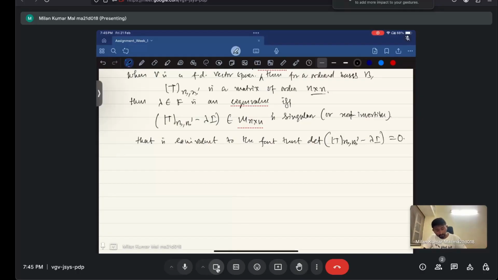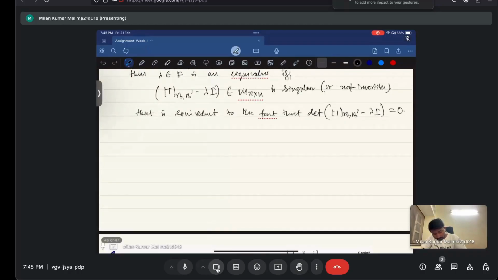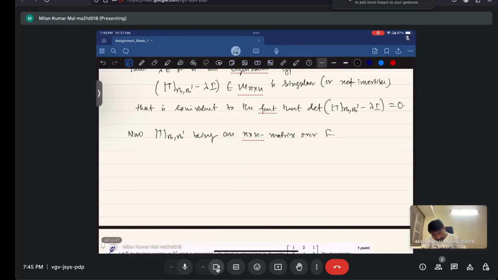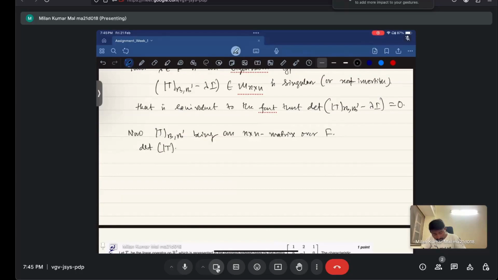Now, being an n by n matrix over a field F, the determinant of T minus lambda I is a polynomial of degree n. This polynomial is called the characteristic polynomial.